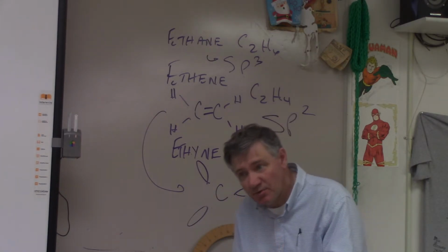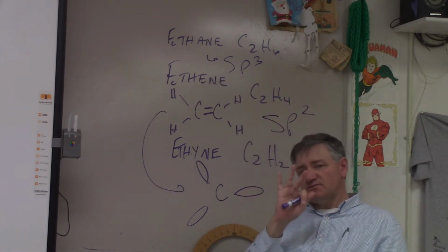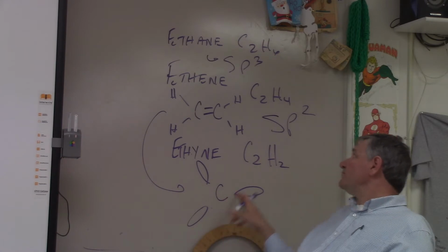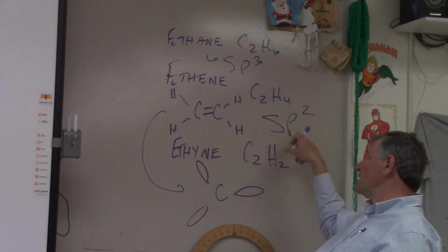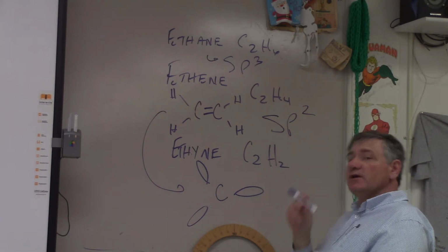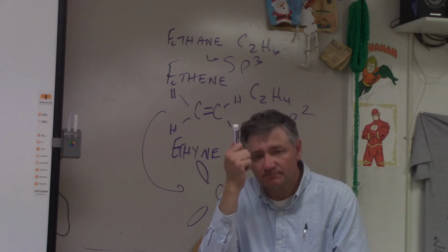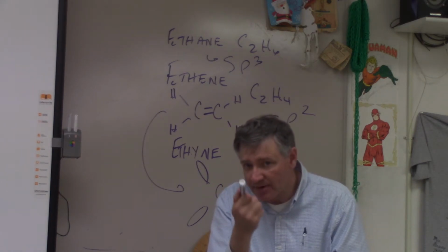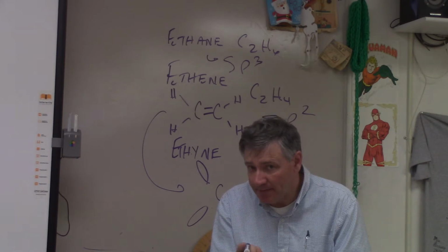But here's what's important. Remember, your p sublevel has 3 orbitals. What we've done is that we've messed up one of the s, and we've messed up 2 of the p orbitals. What that leaves us is a non-hybridized p orbital. That's what you have to form a pi bond.